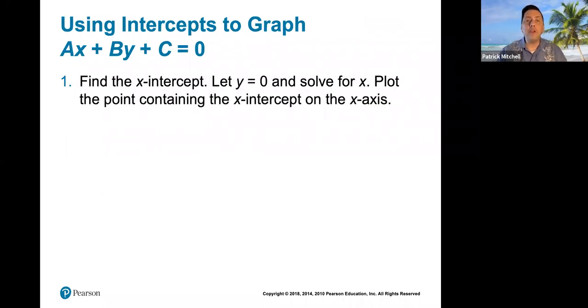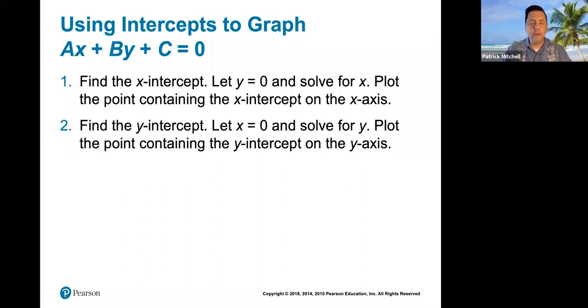You can also use intercepts to graph a line whose equation is in this form. Sometimes I encourage doing it that way. First, find the x-intercept by setting y equal to 0 and solving for x. Plot the point containing the x-intercept on the x-axis.